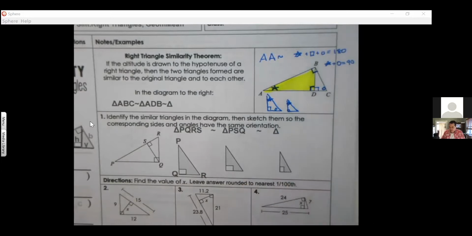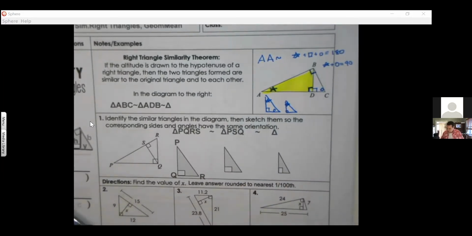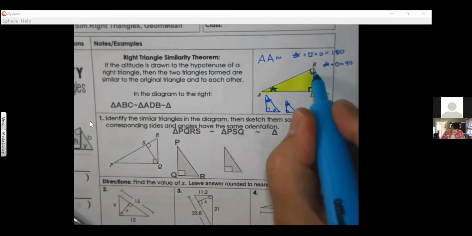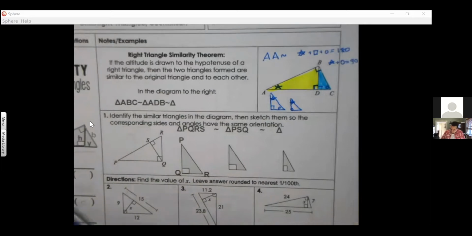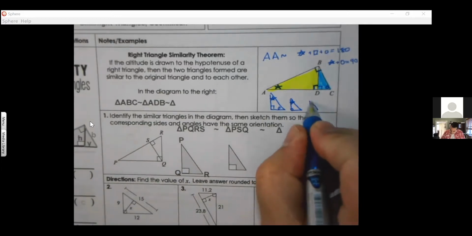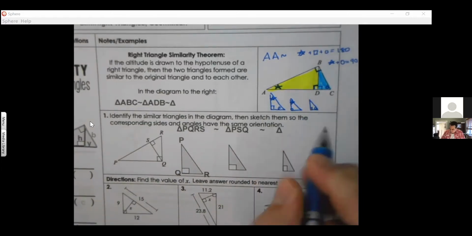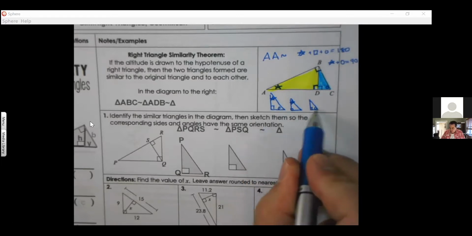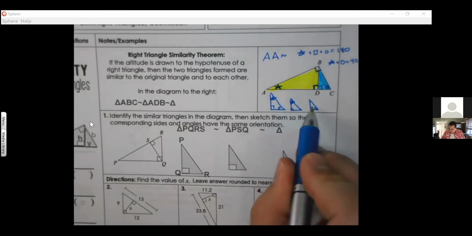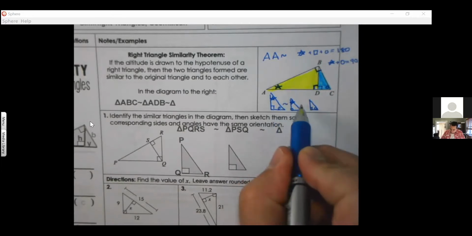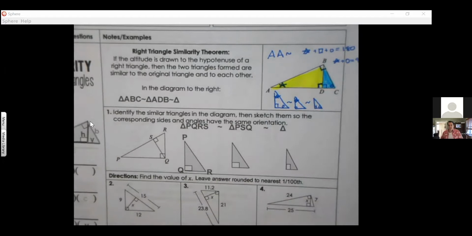So by angle-angle similarity, those are similar. And then I can look at the baby triangle, which has a circle in the corner and a right angle. So these two triangles share these two angles. So in other words, this is similar to this is similar to this, therefore all three triangles are similar.